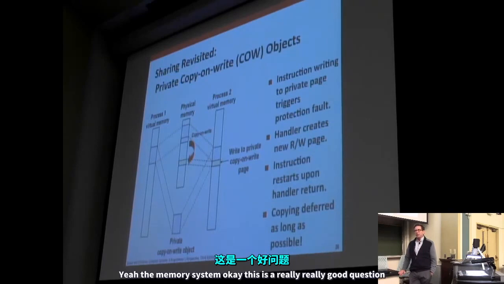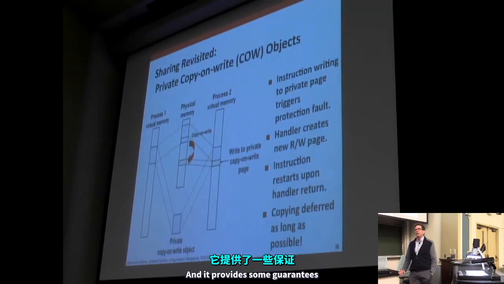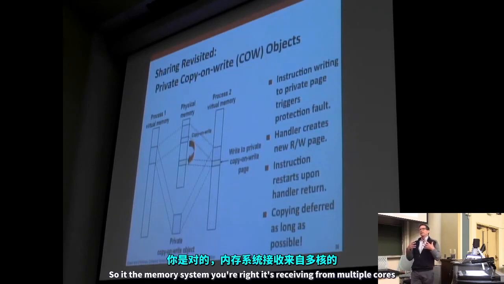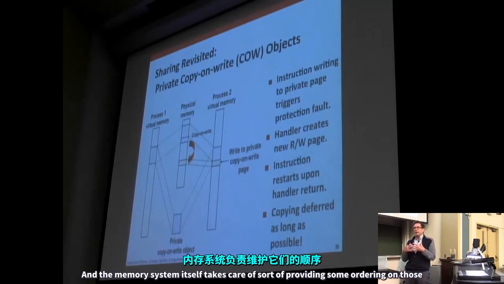Yeah, the memory system. Okay, this is a really good question, and it's beyond our scope. But the memory system takes care of those, and it provides some guarantees. You're right, it's receiving multiple instructions and multiple addresses from multiple cores, and the memory system itself takes care of providing some ordering on those.